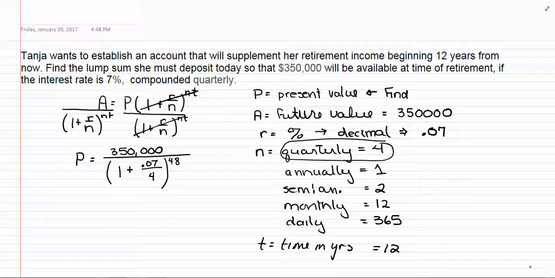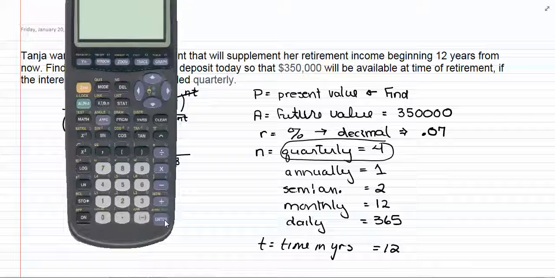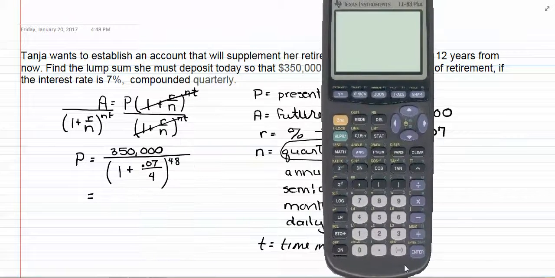From here, you need your calculator, and you need to know how to enter it into your calculator. The calculator that I have is, I think, a TI-83. All right, so with this, I can type in what I see, 350,000 divided by, open parenthesis, 1 plus 0.07 divide by 4, and then this button raises it to the 48th power.